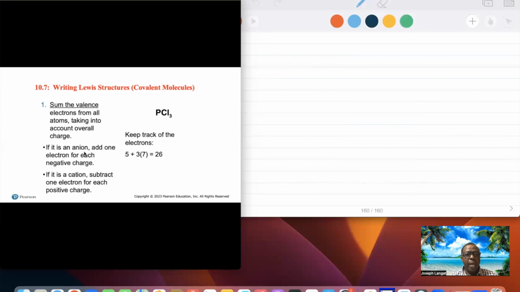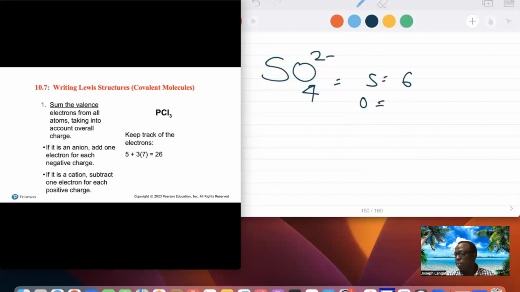If it is an anion, that is negatively charged, you have to add electrons. If it is a cation, you subtract. Let's say it is sulfate with an overall charge of -2. Sulfur is in group 6, oxygen is in group 6, so this is going to be 6 times 4 equals 24.